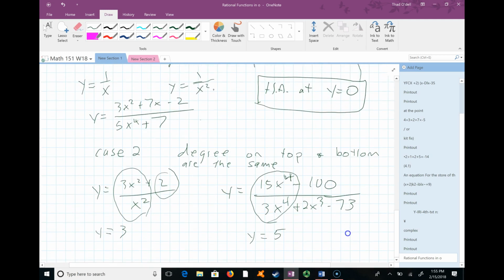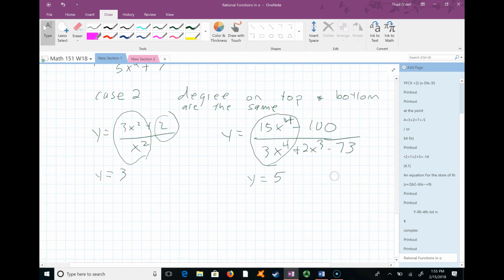So when the degree on top and bottom are the same, then we have a horizontal asymptote at y equals the ratio of the leading coefficients.